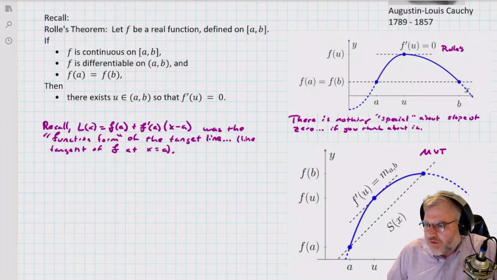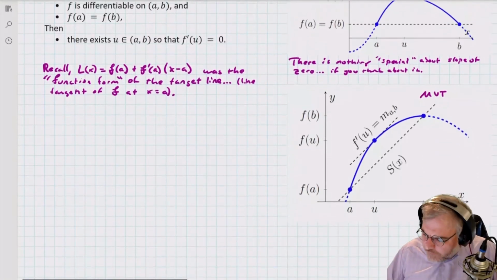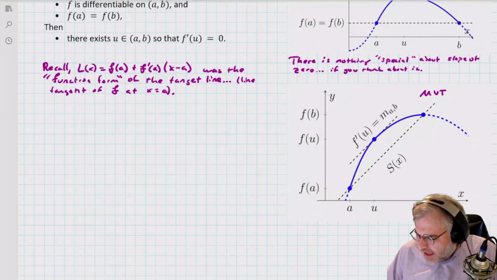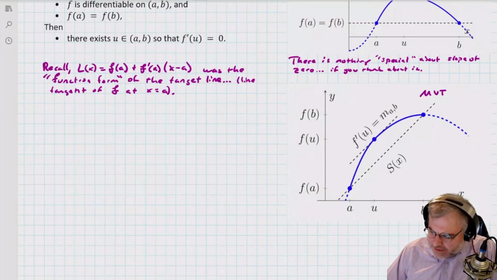So that was this idea that I had before. But if you look at this picture, I need something a little bit more. I need the idea of a secant line.